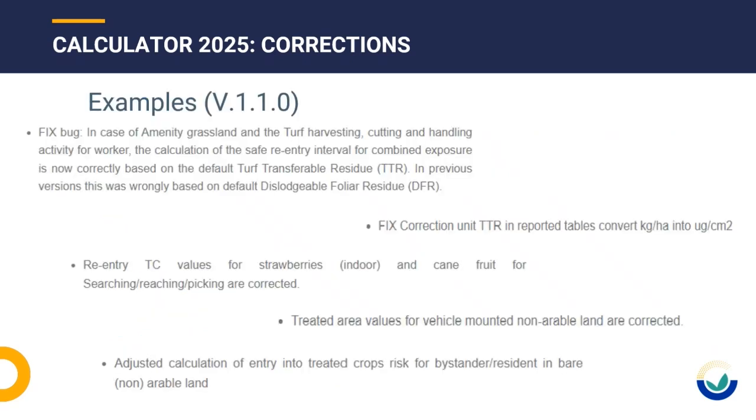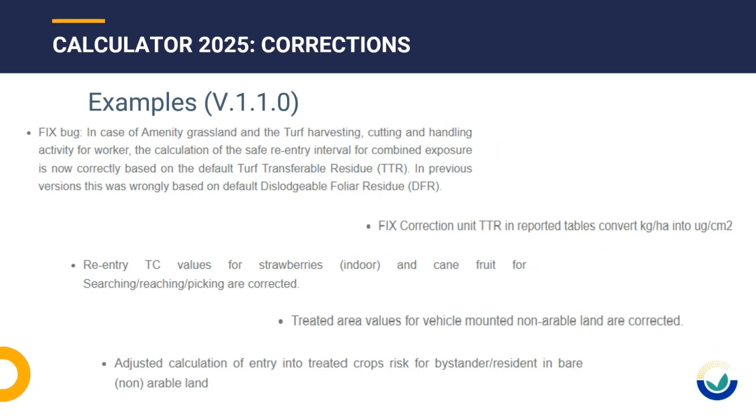You can see a few examples of the corrections that were included in the version 1.1.0 of the calculator. If you look at the first one, in the case of amenity, grassland, and turf harvesting, the calculation of the safe re-entry interval was wrongly based on dislodgeable foliar residue, and now it has been corrected and it is based on turf transferable residue.